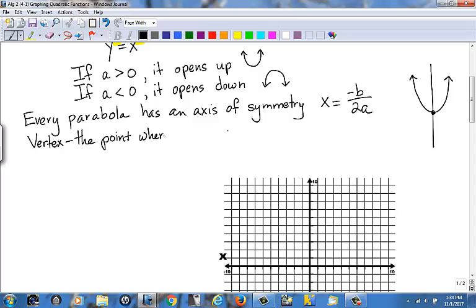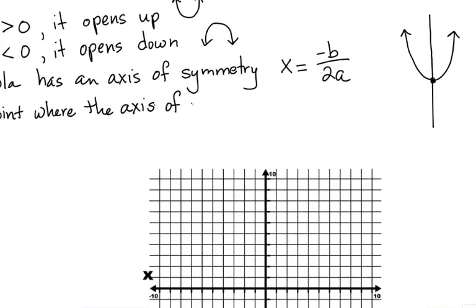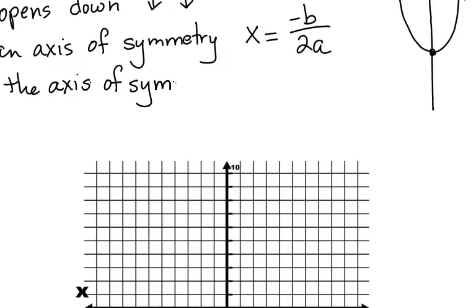The vertex is the point where the axis of symmetry intersects the parabola.